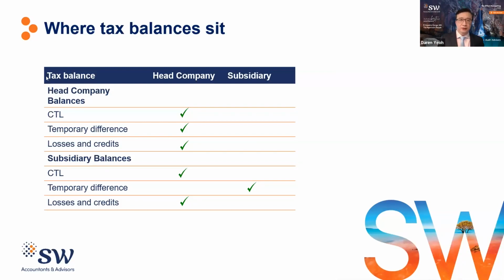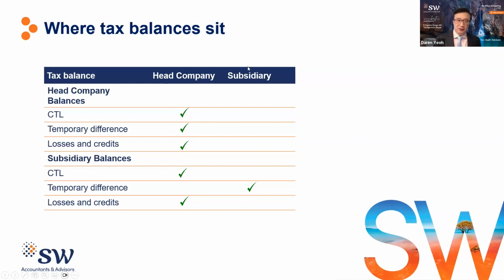So with UIG 1052, when you do your calculation, you start with the head company. It calculates its CTL, its income tax expense, its DTA and DTL on temporary differences, and DTA on losses and credits. These balances in the head company stay with the head company.